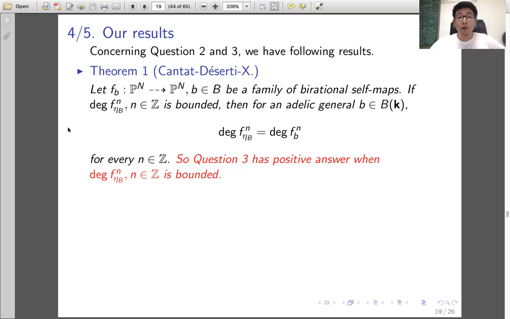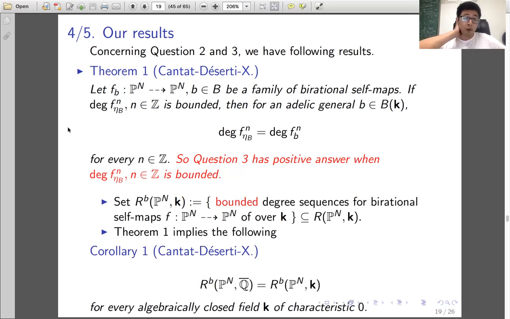Then for an adelic general b in B(k), the degree sequence of F_η and the degree sequence of F_b are the same. So question 3 has a positive answer when the degree sequence at the generic point is bounded.